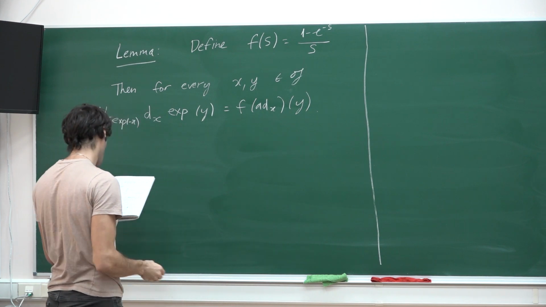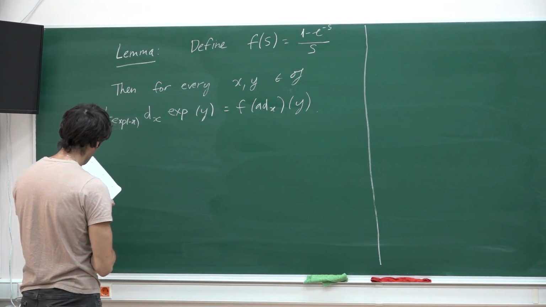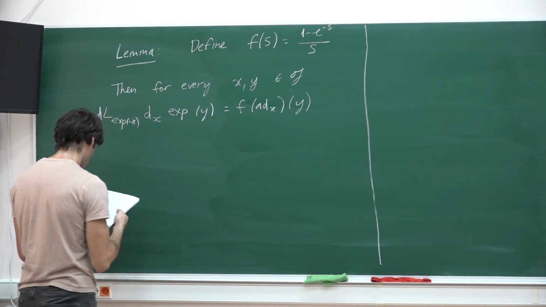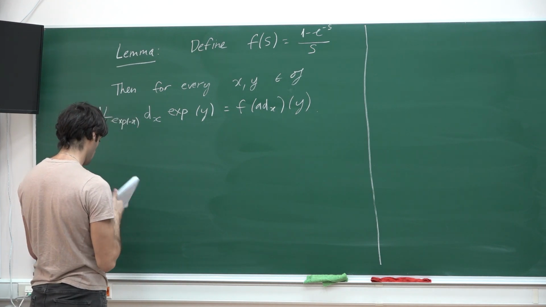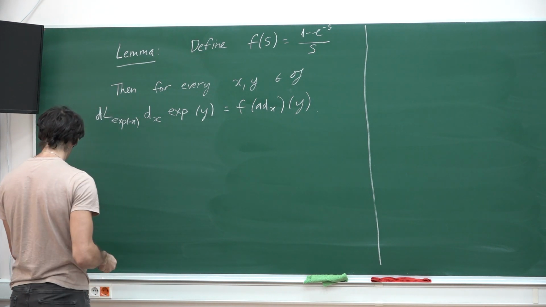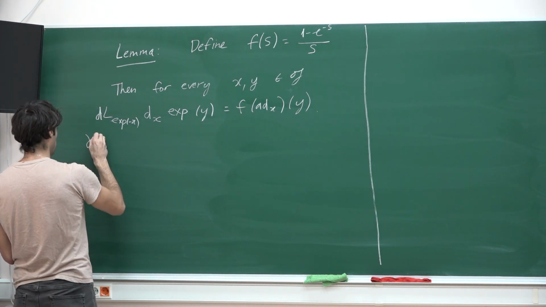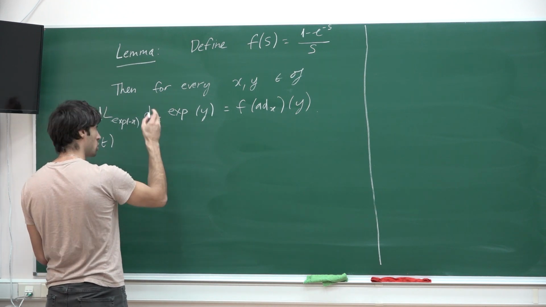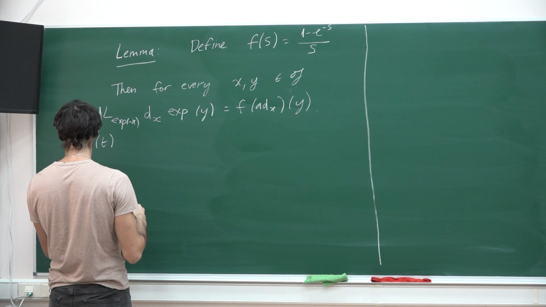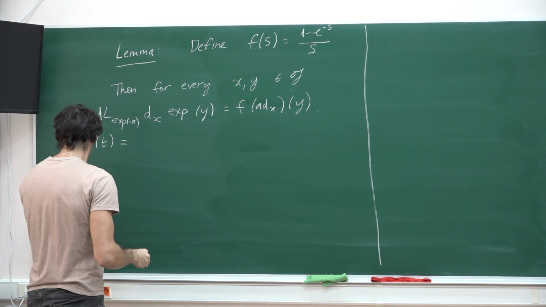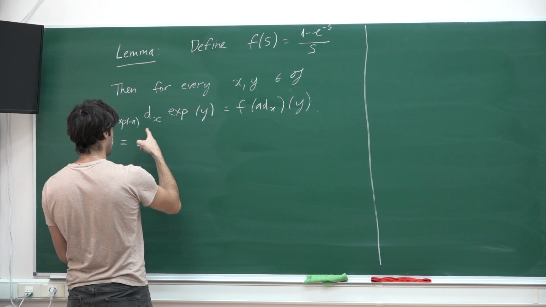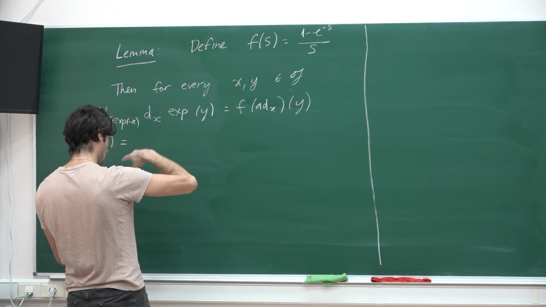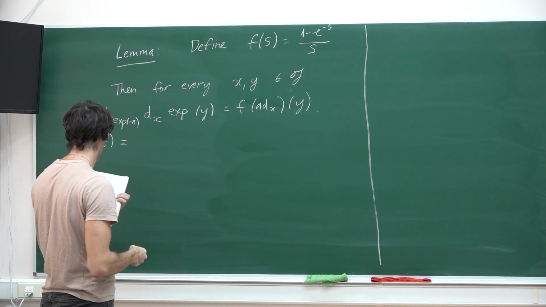Okay, let's prove this. All right. So let me consider the following curve on G. Well, I will need to compute something like this, and this will be the tangent vector to this curve at t equals 0.